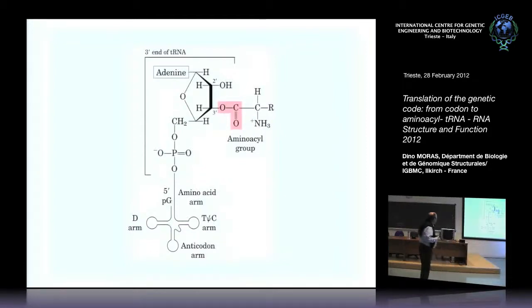So what you do, you have the anticodon where the message is, and the CCA terminal end, the 3' end, which is a terminal adenosine, where the aminoacyl is attached. So this is really the translation step of the genetic code. If you miss the boat here, you don't reach the right point.